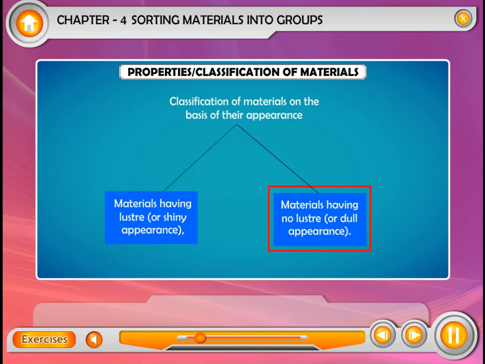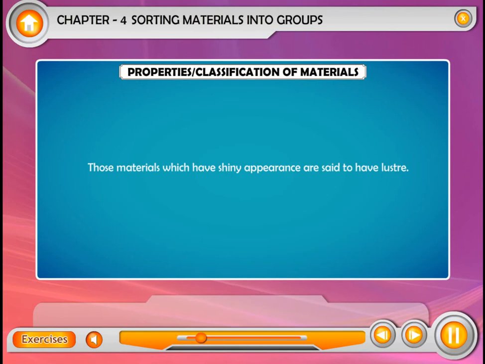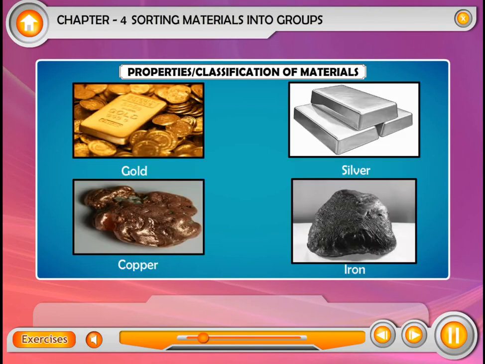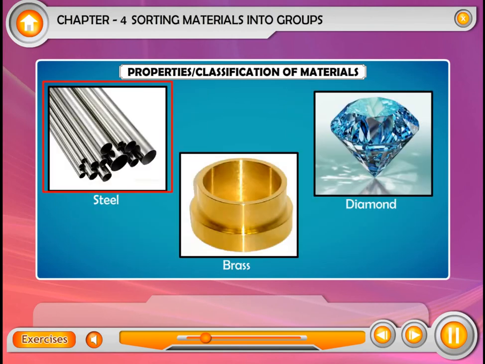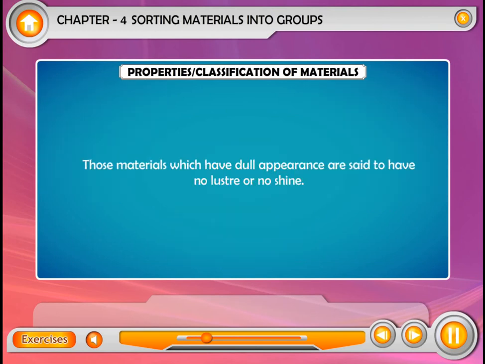Materials having no luster or dull appearance. Those materials which have shiny appearance are said to have luster. The examples of materials having luster or shine are metals such as gold, silver, copper, and iron, metal alloys such as steel, stainless steel, brass, etc., and diamond.